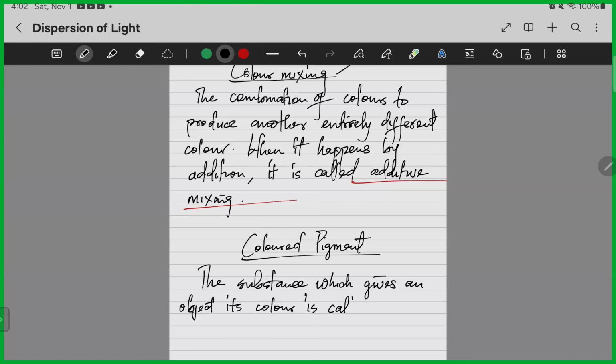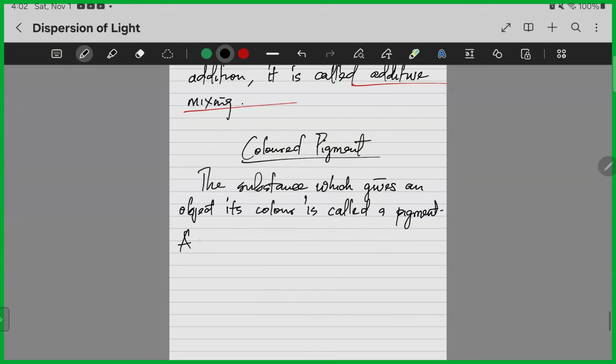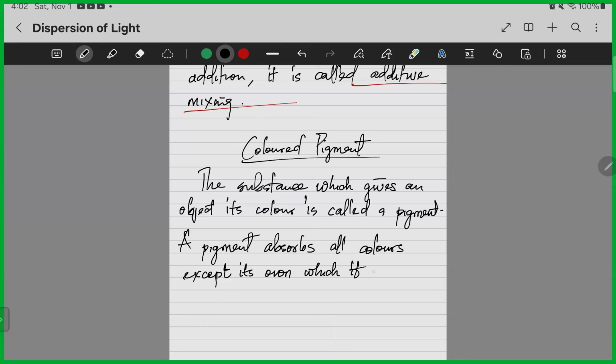It's called a pigment. A pigment absorbs all colors except its own, which it reflects. So it reflects its own color.